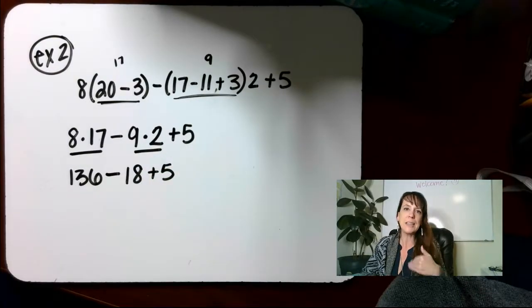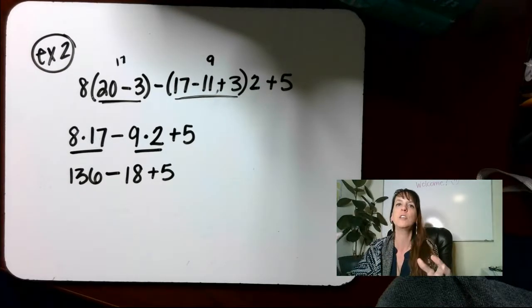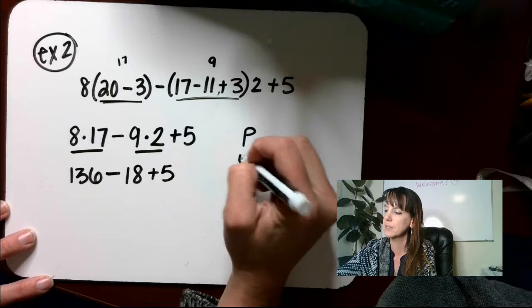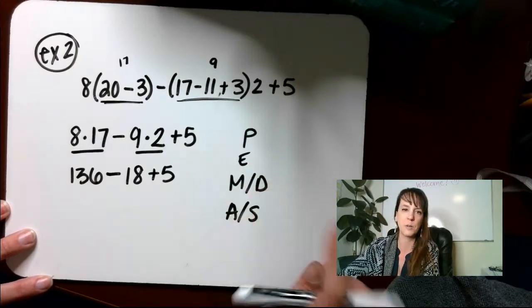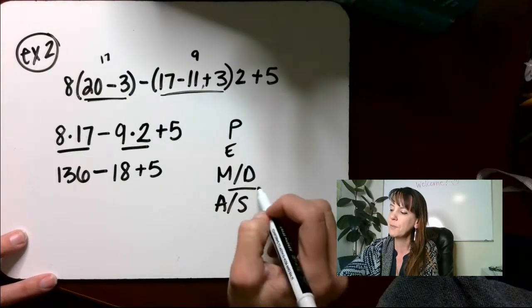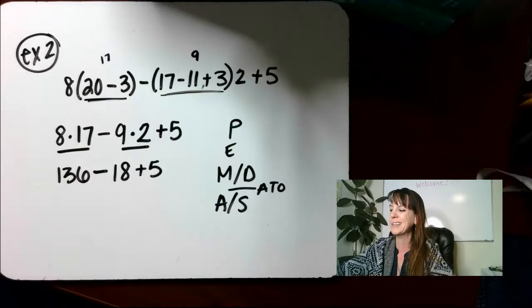Now, personally, I think it's easier to add the opposite when we have a subtraction problem. So when we're talking PEMDAS here, multiplication and division are equal. That's why I put them on the same line. After this, I put ATO, add the opposite, before you do your addition and subtraction.